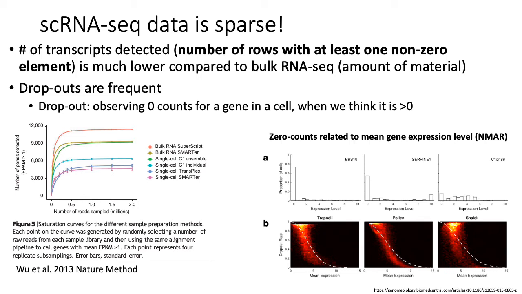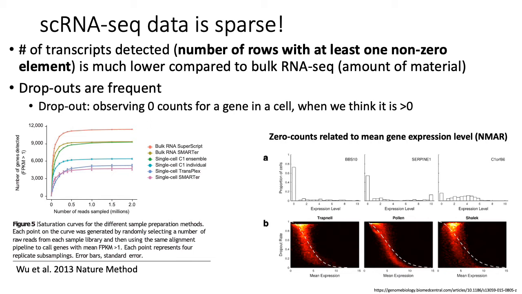That's in contrast to the gene C1orf86 shown on the far right, which of these 3 genes is the most highly expressed of all of them. You can see the peak at 0 is relatively small compared to the other 2 genes. What this illustrates is that the so-called dropout rate, or the fraction of cells in which a gene is not detected, is related to the average expression level of that gene.